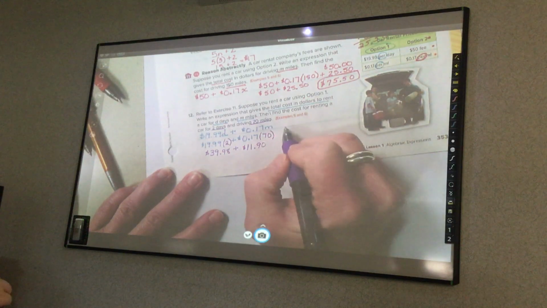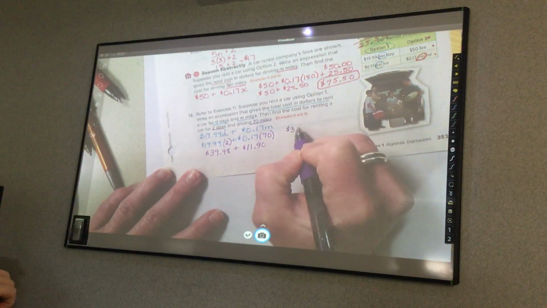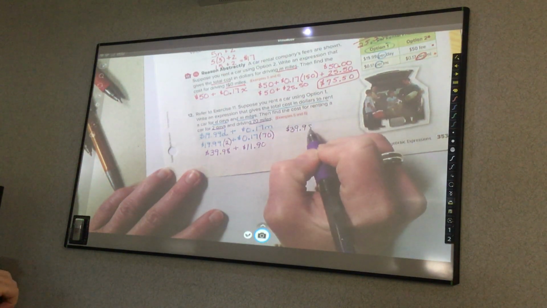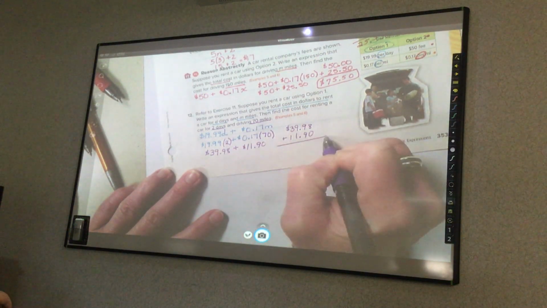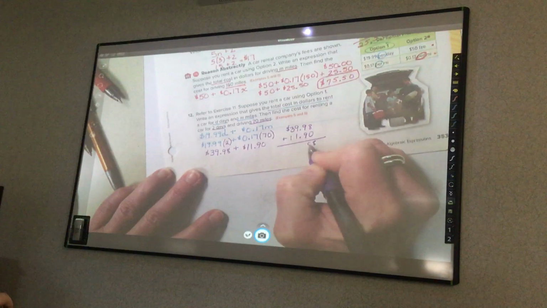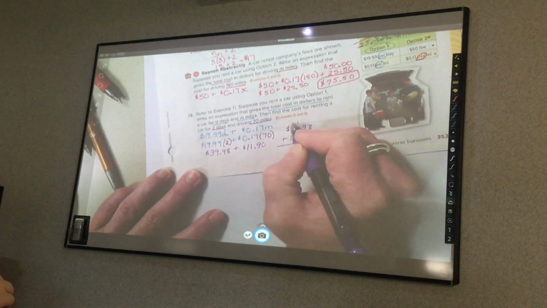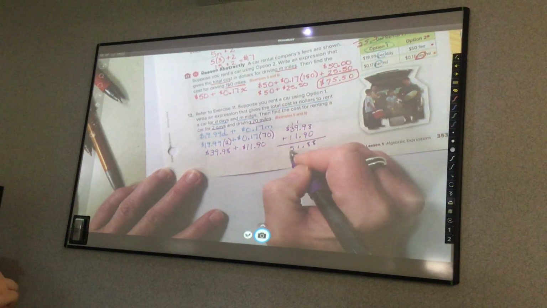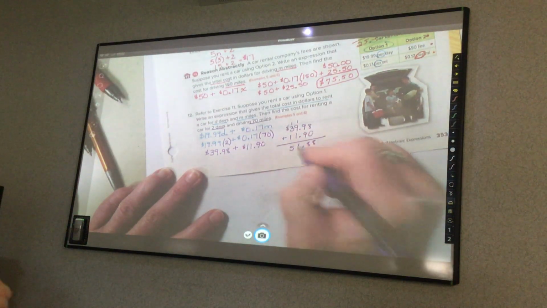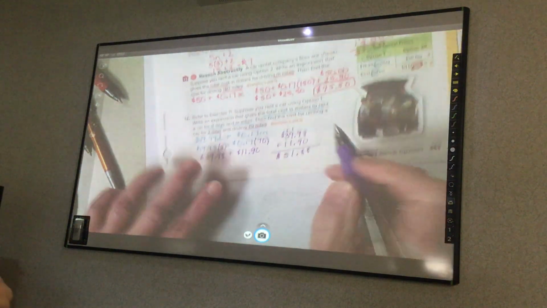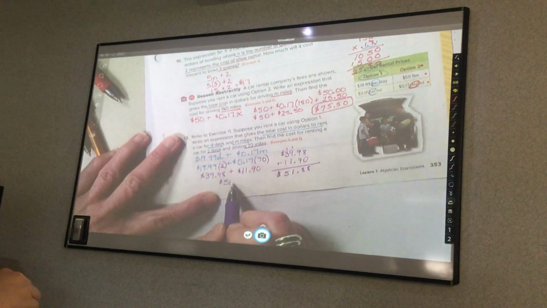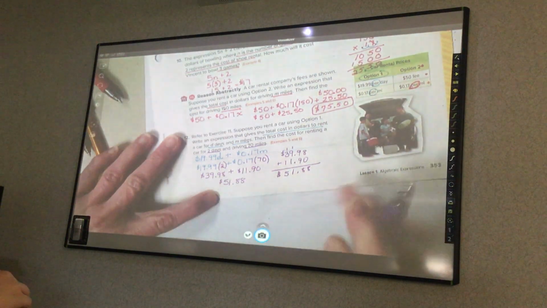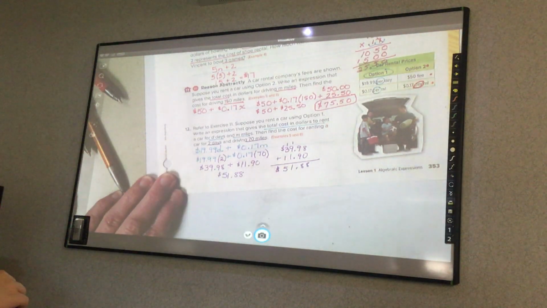Make sure when you add them, I am lining up my decimals. So I've got $51.88 would be my total one. I'll put that right down here. How many of you got 12 correct?